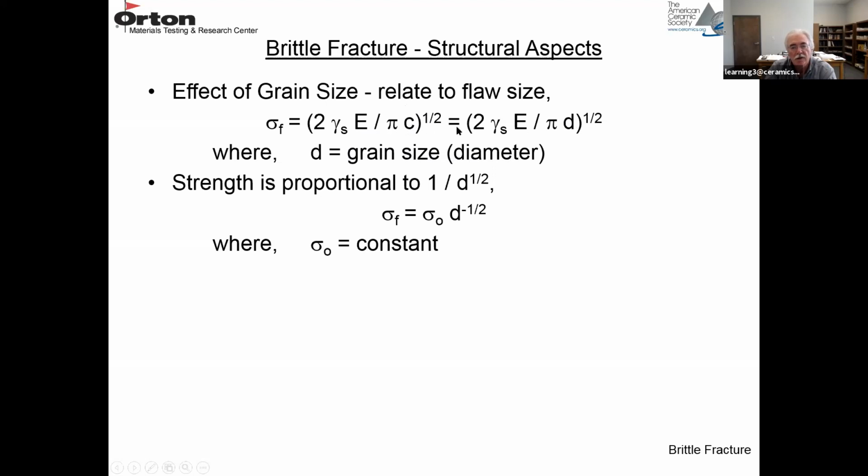So now d is substituted for c, and the strength is a function of the grain size or diameter of the grains in a refractory material. So d is in the denominator. The bigger the grain size, the bigger the flaw size, the lower the strength. So strength is proportional to 1 over the grain size to the 1/2 power, or simply the strength equals a constant sigma 0 d to the minus 1/2.